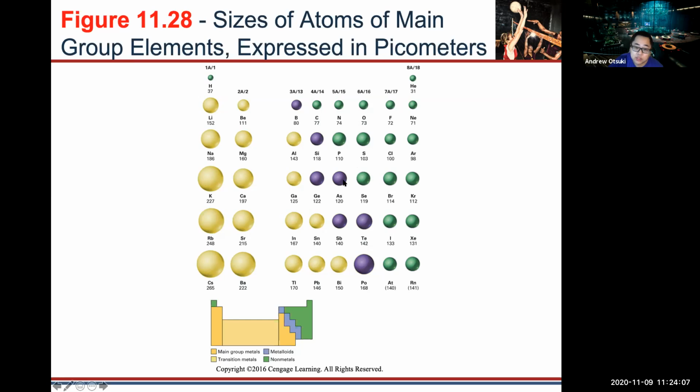And then we have arsenic, which is down below on the fourth energy level, and it has a radius of 120 picometers. So based on the trends, we can arrange them as 16 is less than 15, which is less than 33.